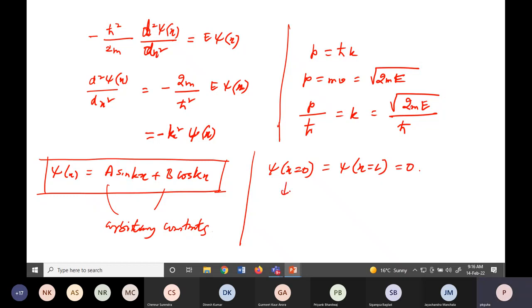If you put this here, you will get A sin 0 plus B cos 0 equal to 0. So in other words, it will give you B equal to 0, right? B cos 0, because cos 0 equal to 1, gives B equal to 0, right?